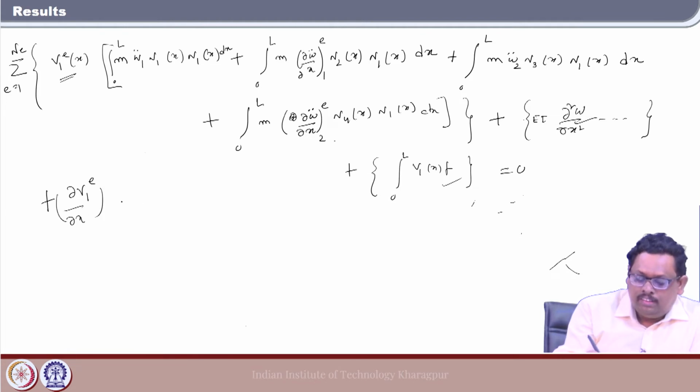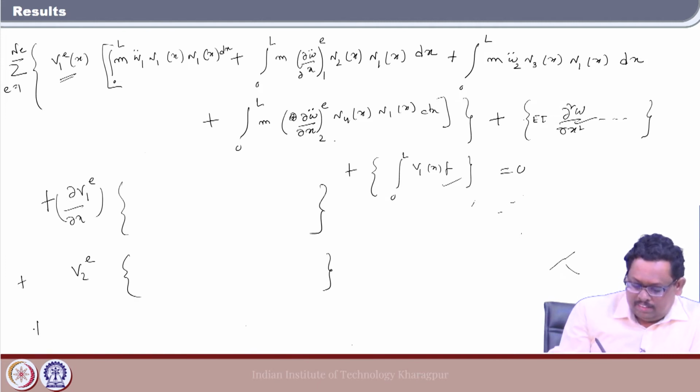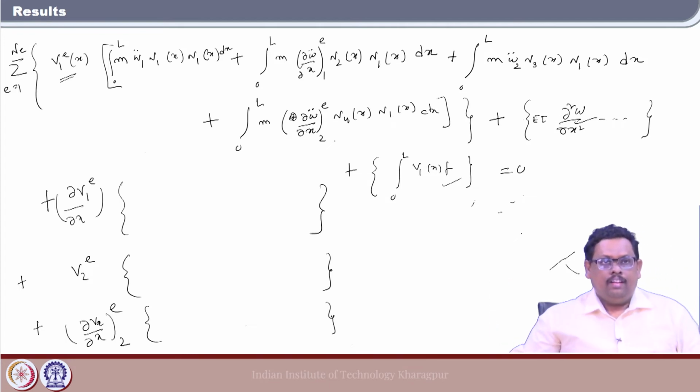If I take common, and then again I can have the similar term, is it not, and then plus I can have this V2 E, again I have the similar term, and then I have this del V2 by del x, for the element, or you can say 2 over here E, and again you can have some similar term.